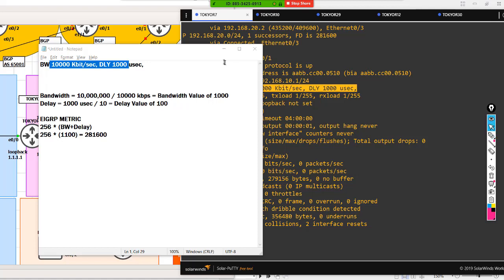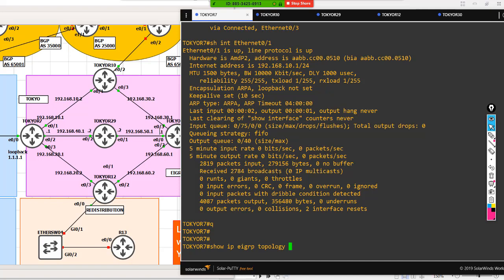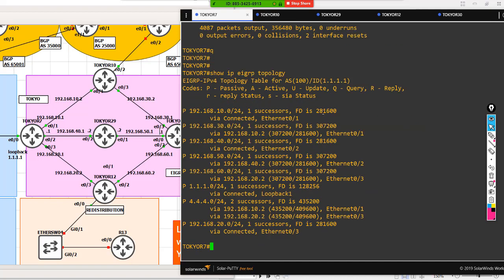So you just have to follow the same process to find the value for every possible path.